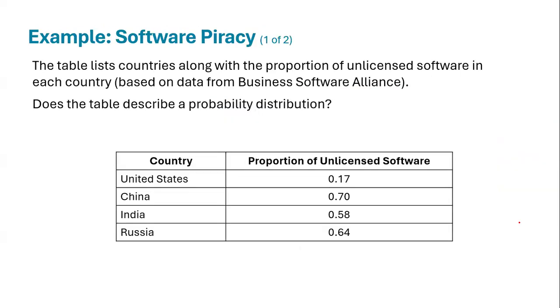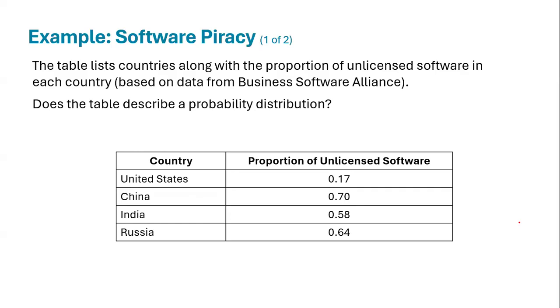For example, it says this table lists countries along with the proportion of unlicensed software in each country. Does this table describe a probability distribution? Okay, we need to check the requirements. The first requirement says that the random variable must be numerical, must be a number.